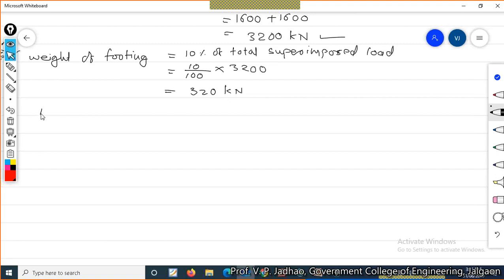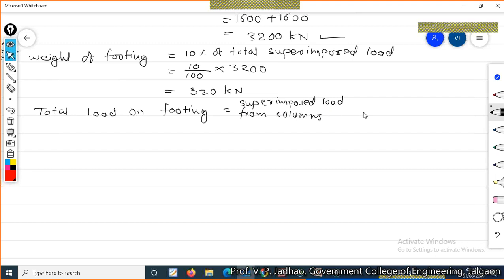Therefore, the total load on your footing will be equal to the superimposed load from the columns plus the self weight of the footing.